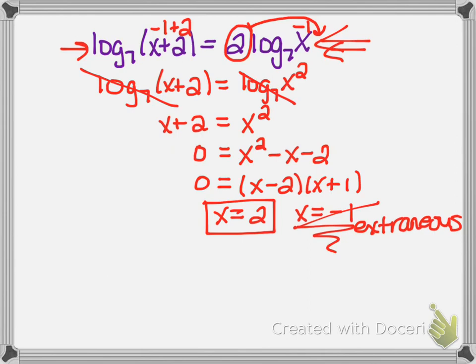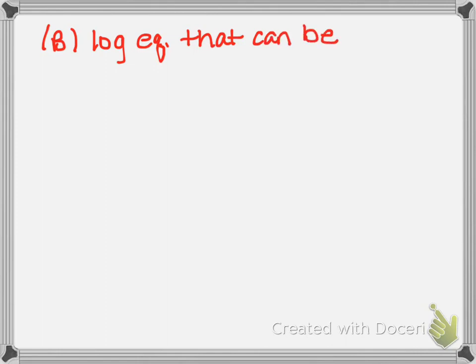Okay, so that is one type of equations that we have solved in this unit. The next type that we have solved are log equations that can be converted. And you notice I used the word can. Okay, it's just one option.